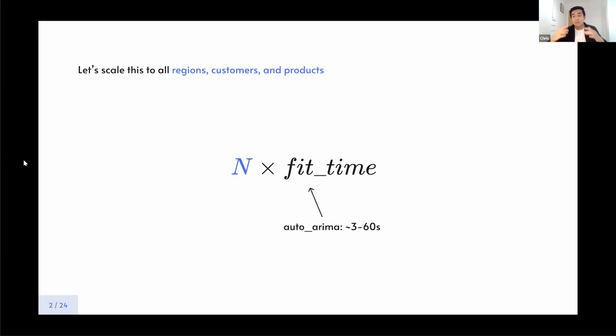Now, can you help replicate this across all regions, customers, and products? And so now you have to start running auto ARIMA across all your different products, regions, or customers. In that case, that's still fine. Your auto ARIMA is relatively fast. You pop in a for loop, you go grab some tea, you come back, and it's done. So we're still good here.